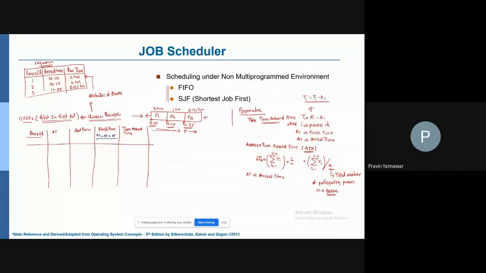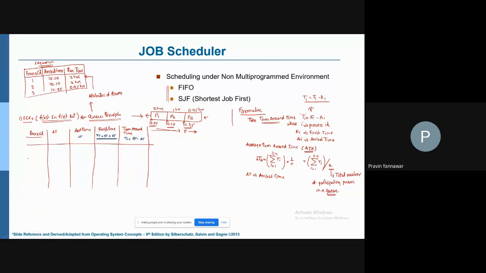The turnaround time, Ti, is nothing but Fi, the finish time, minus the arrival time. These are the formulas that we are going to use.